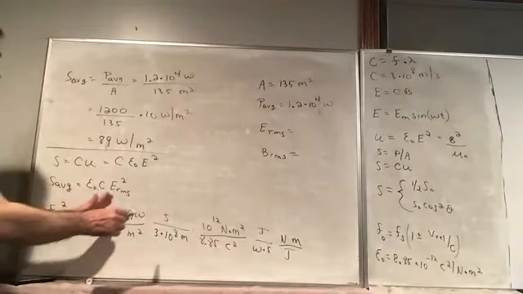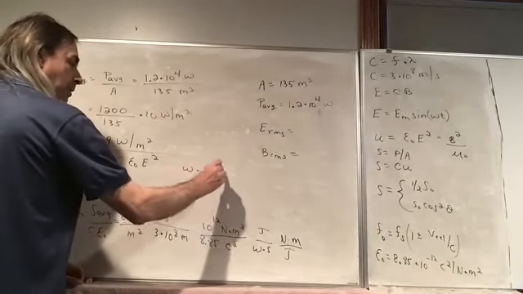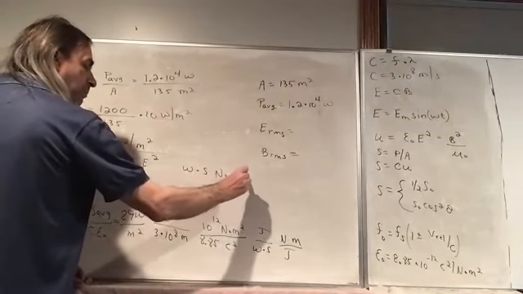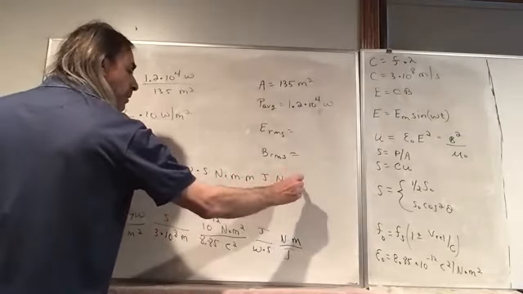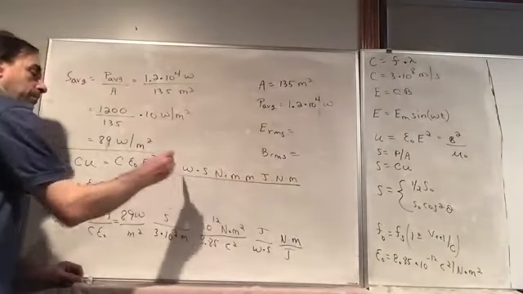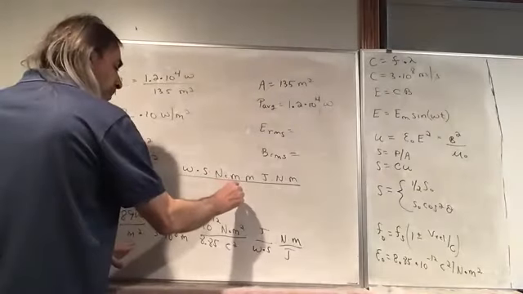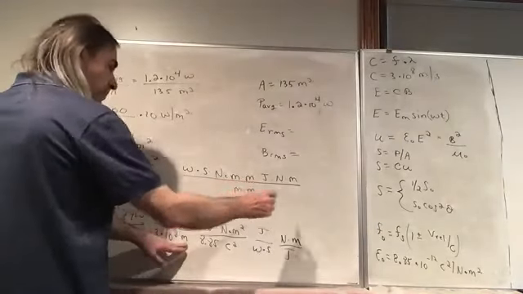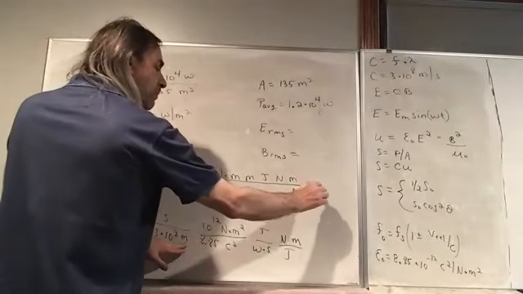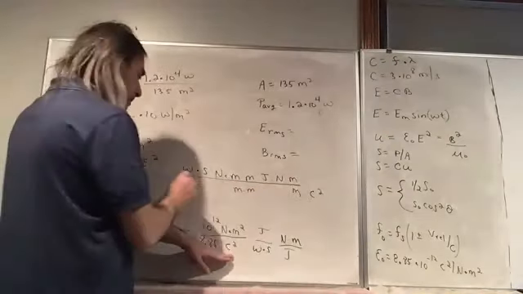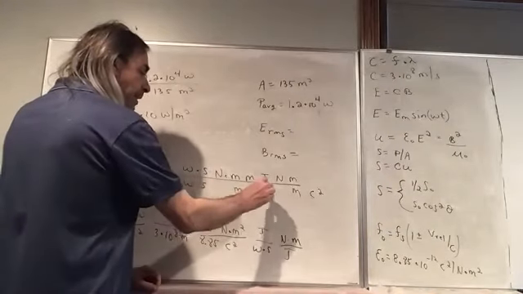So I'll just write it up here. We have watts times seconds, Newton, meters squared, joules, newtons, and meters. On the bottom, we have meters squared, meters, Coulomb squared, watts, seconds, and joules.